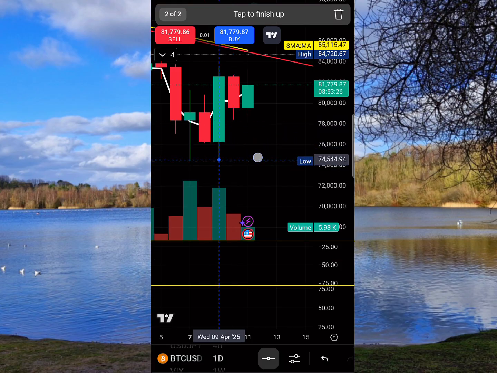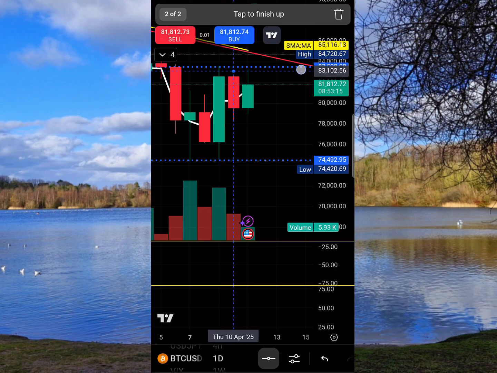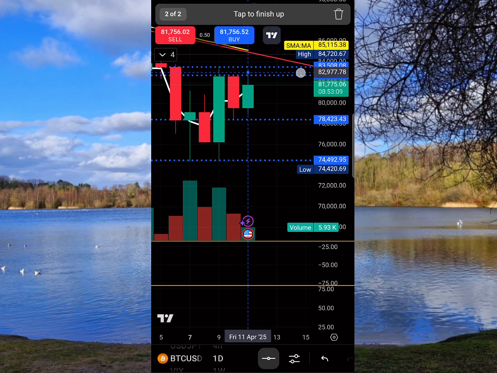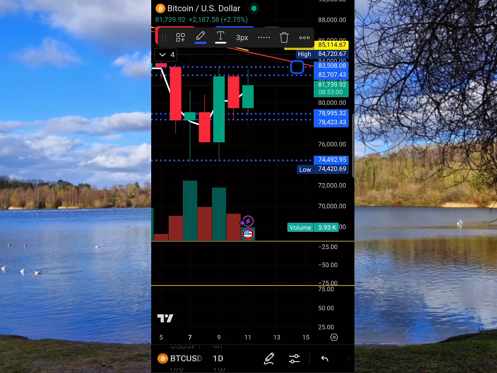So if you block off this one and this one, that was 2 days before, then we block off yesterday's price action, and then today's price action, and we'll change the colors so it's easier for you to see.